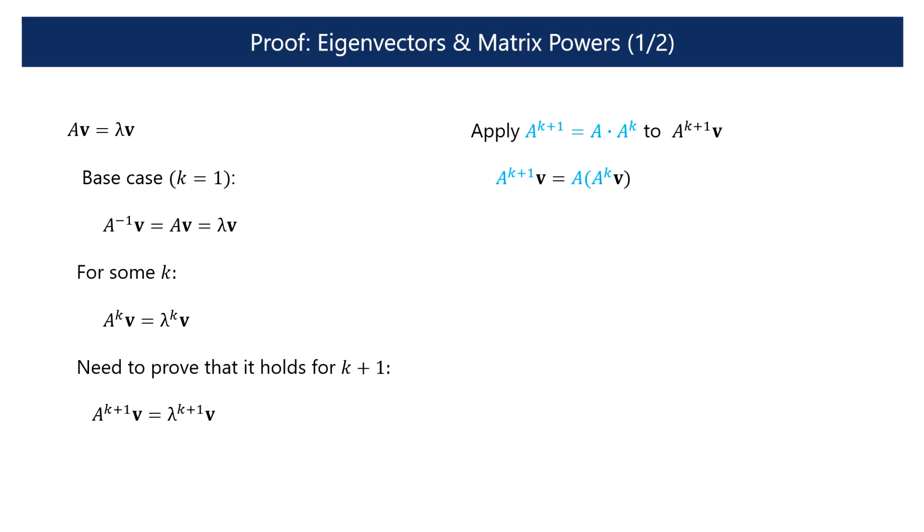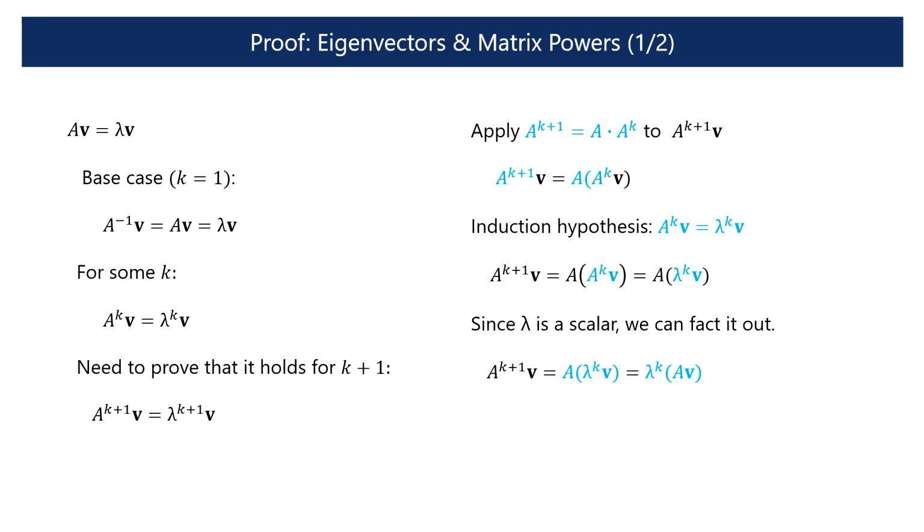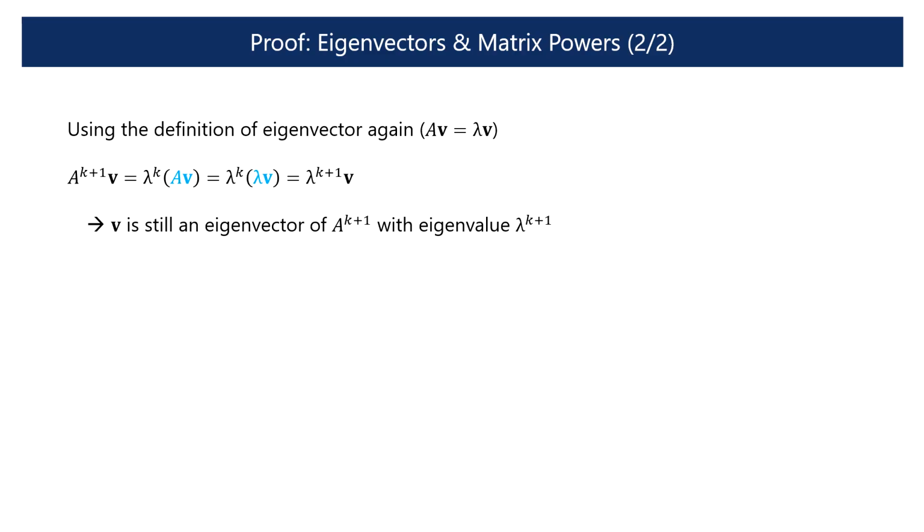Applying this to the eigenvector v. Using the induction hypothesis, the following equation holds. Since lambda is a scalar, we can factor it out. Using the definition of an eigenvector again, we can rewrite the equation in this way.